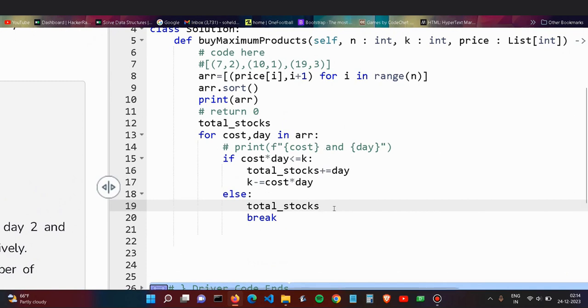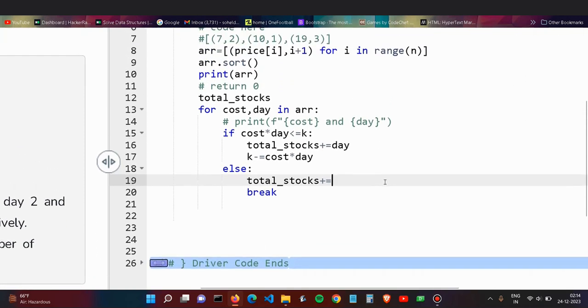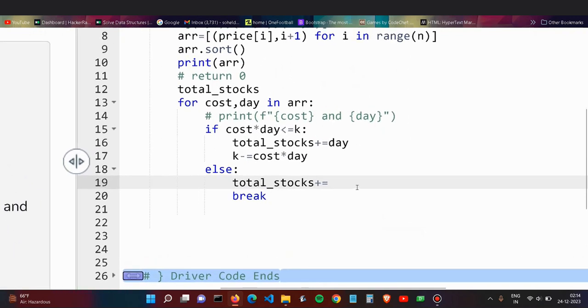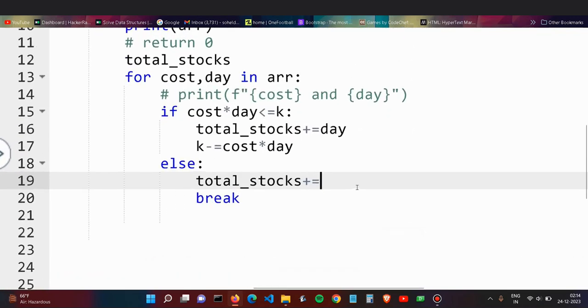If the amount remaining is say 30, okay, and there is a stock which costs 11 rupees, then at least we can buy 1 stock, okay. So we will be incrementing this case. This is a basic edge case which most programmers forget about, but we will be doing this, okay.